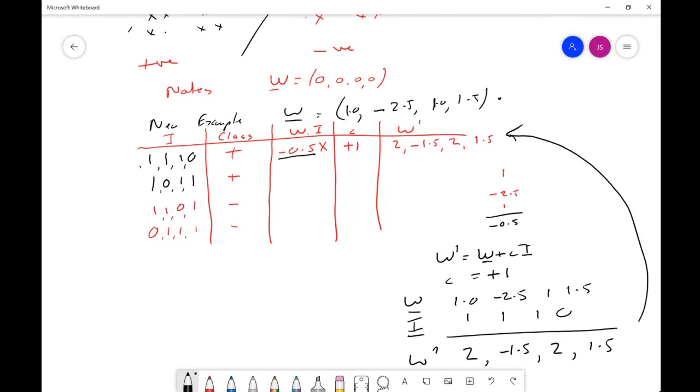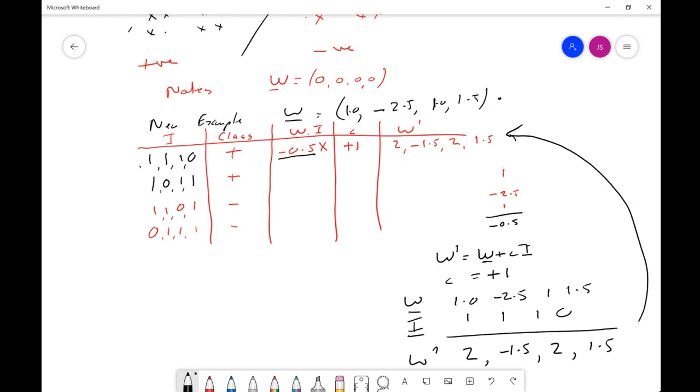Understood. Right. Great. Fantastic. Now, the new weight vector. The scalar product of the new weight vector with the second positive class pattern is going to be 2 plus 0 plus 2 plus 1.5. It's clearly going to be positive. What's going to be 2, 4?